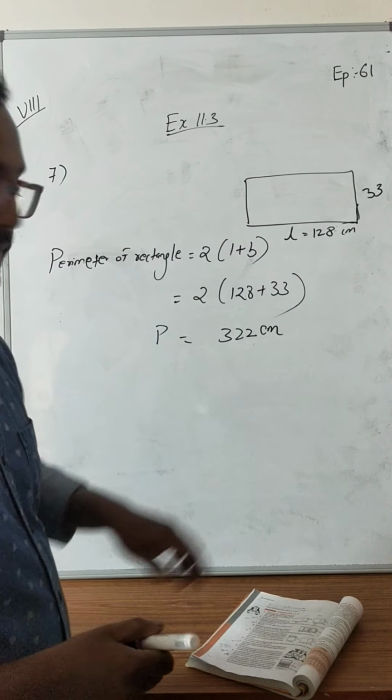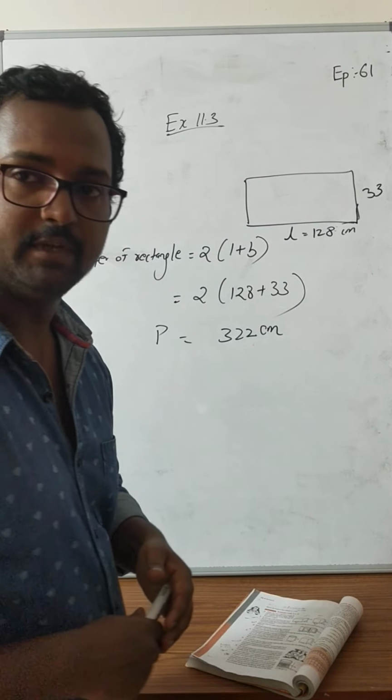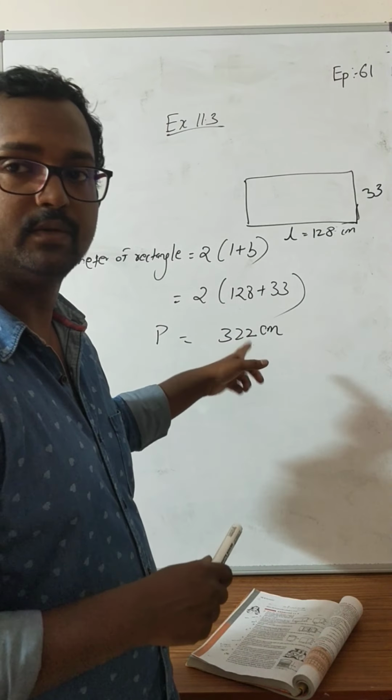Finally our answer is perimeter is equal to 322 centimeter. So final answer that we are getting is 322 centimeter.